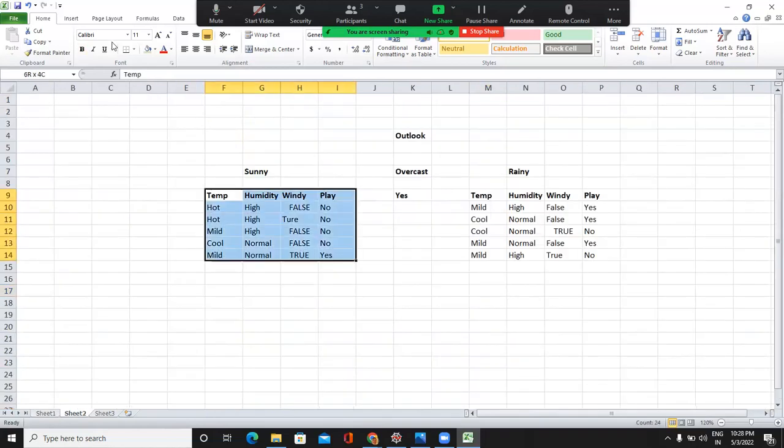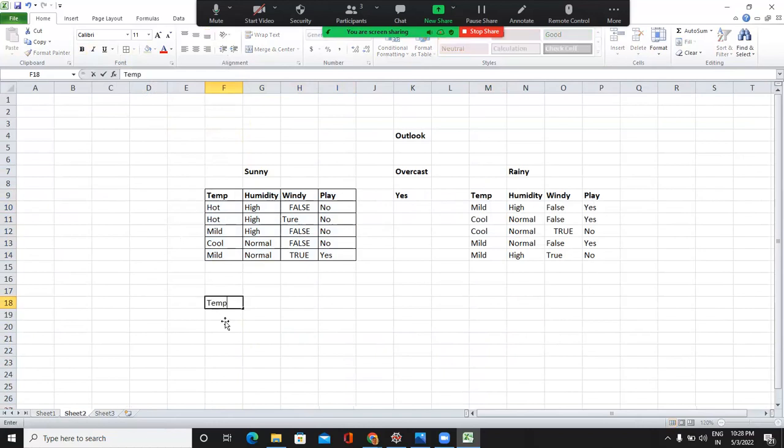If we take temperature, what are the outcomes? Hot, mild, and cool.